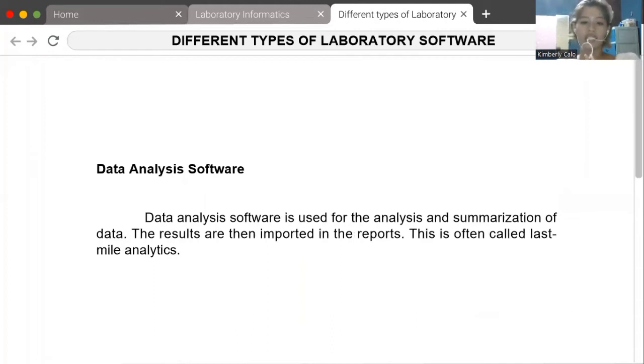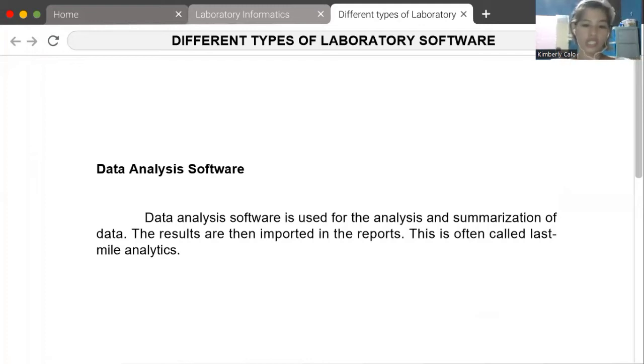Next is the data analysis software. Data analysis software is used for the analysis and summarization of data. The results are then imported into the reports. This is often called last mile analytics.